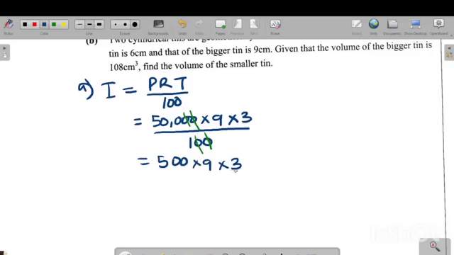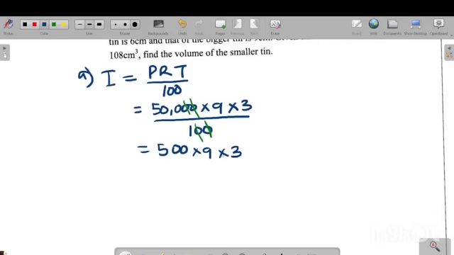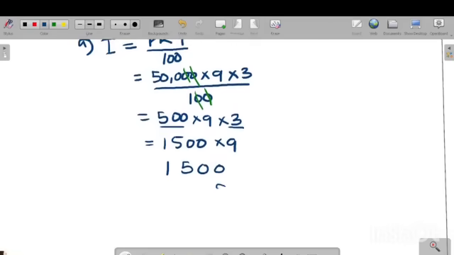All right, so here again you need to be careful, because this is paper 1. You can say 500 times 3. Okay, 500 times 3 is 1,500. So you have 1,500 times 9. Okay, since you have zeros like this, you can multiply it this way, 1,500 times 9 like this.